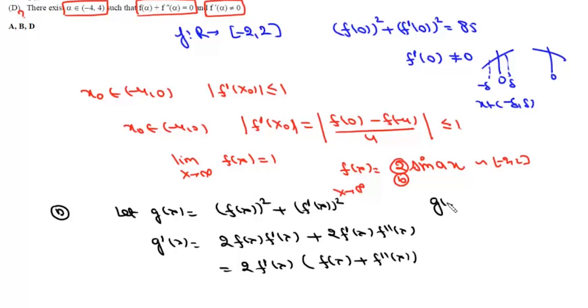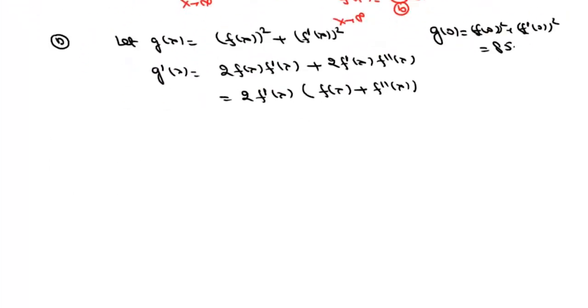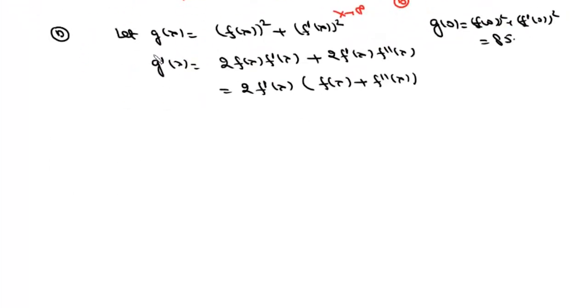Now if we look at g(0), g(0) will be f(0)² + f'(0)², which is given as 85. Now we'll consider two separate intervals. First interval when x lies between -4 and 0, and second interval where x lies between 0 and 4.